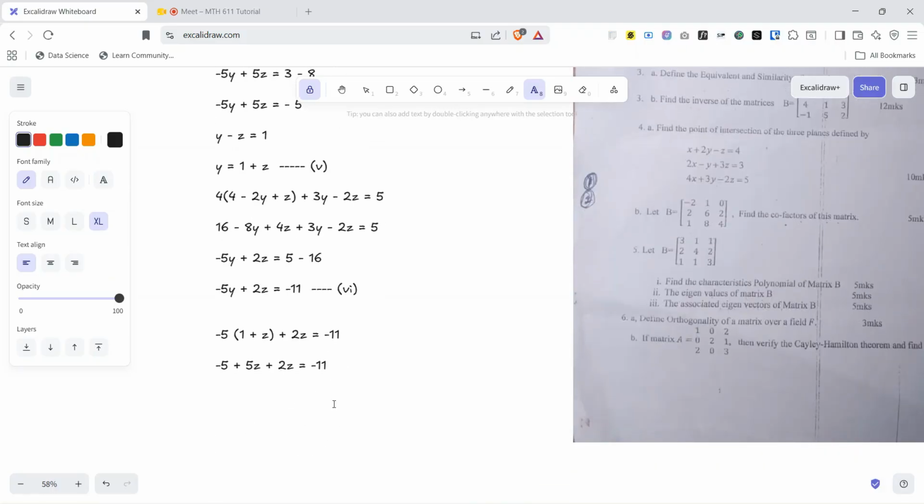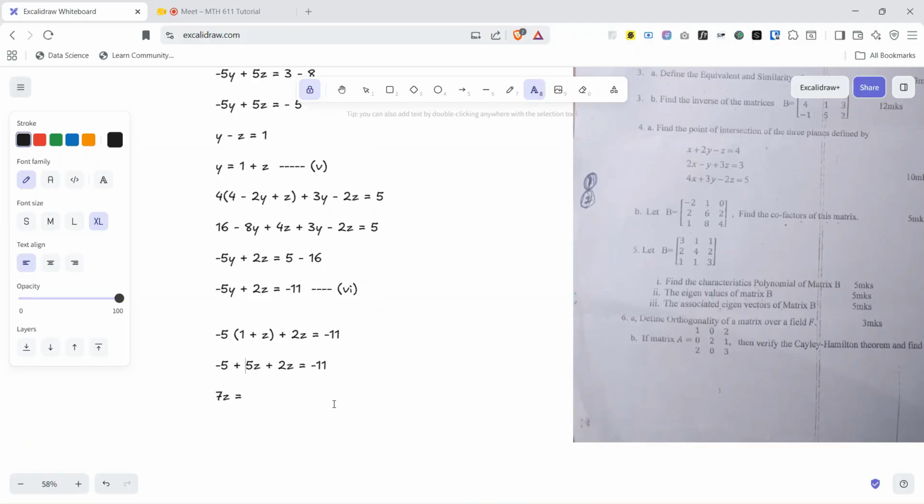Now this will give us minus 5 plus, okay, 7z equals minus 11 plus 5. I think I made a mistake.